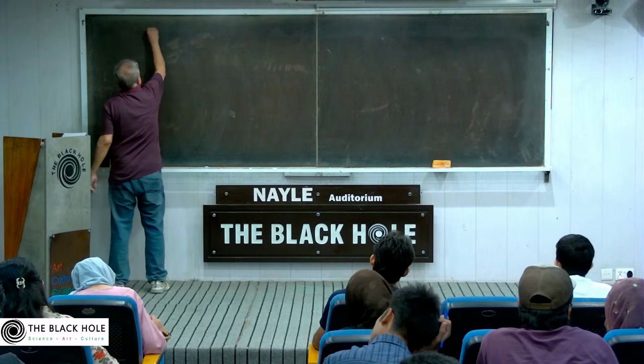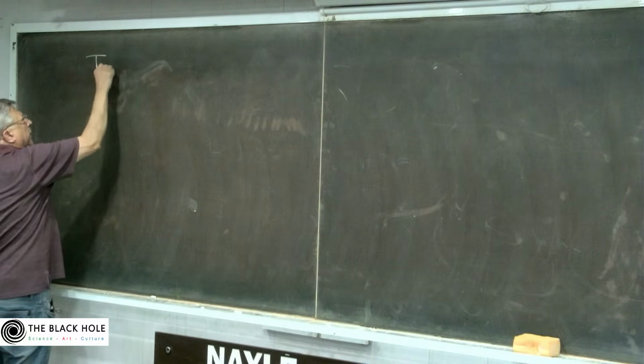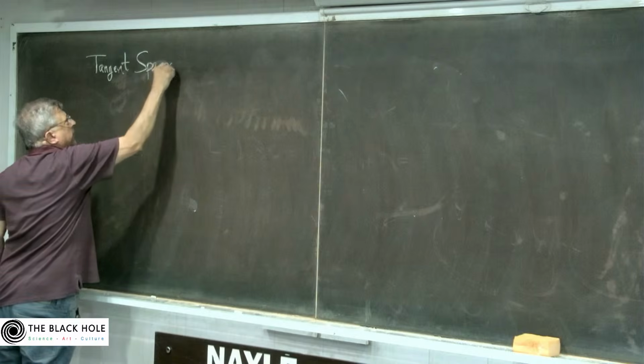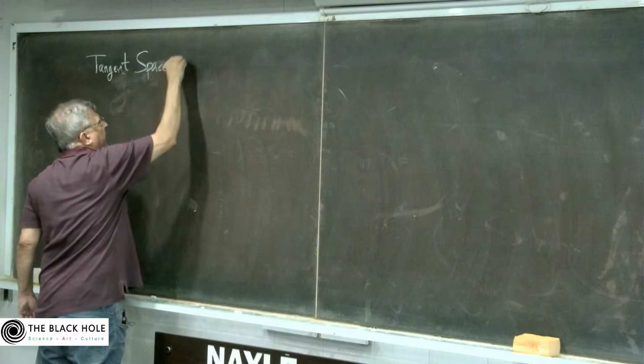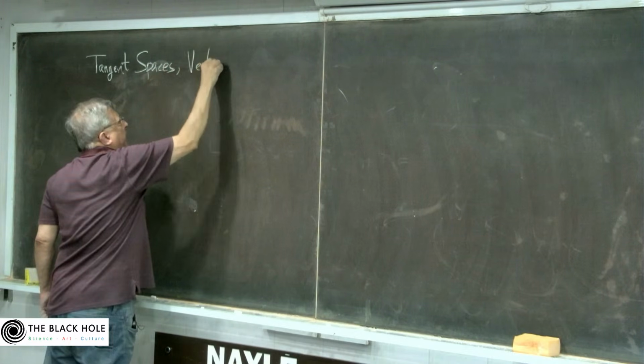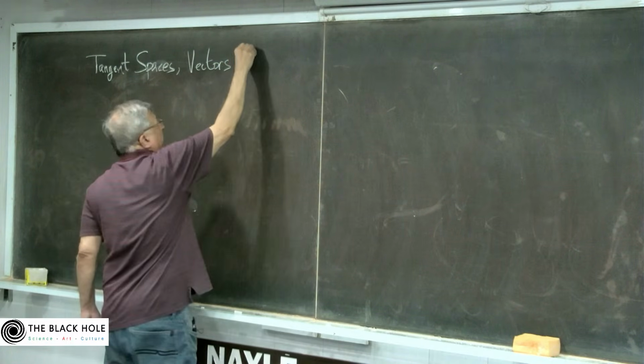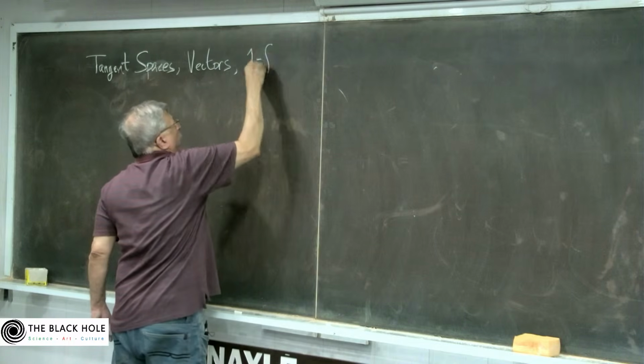So now we'll talk about tangent spaces, vectors, and one forms.